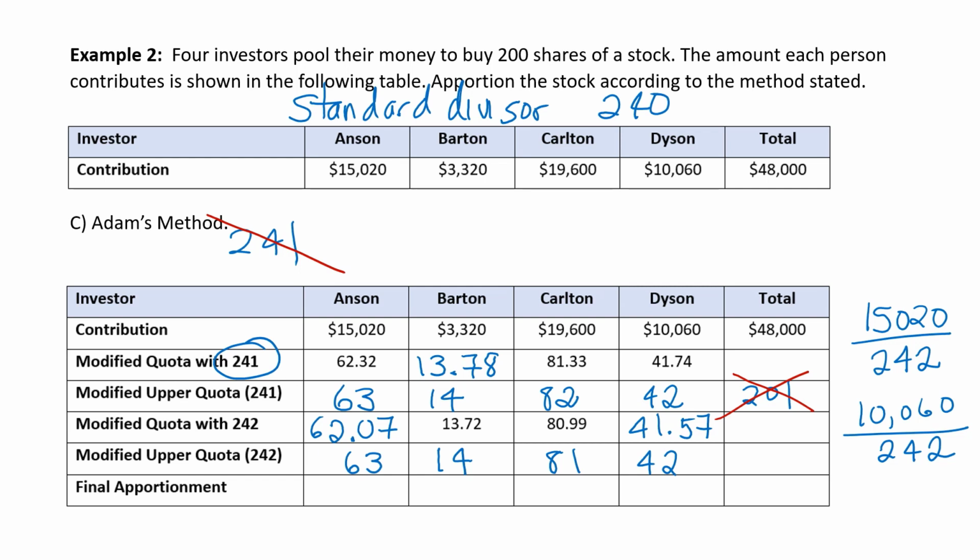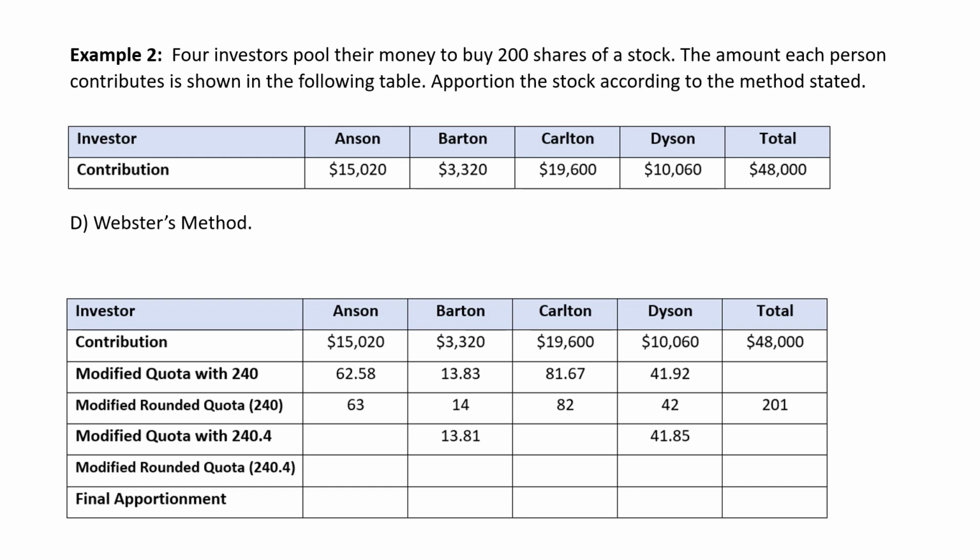Add those four numbers together. The result's 200. Everything is divvied up, so our final apportionment would be that Anson gets 63, Barton 14, Carlton 81, and Dyson 42. Part D, Webster's.